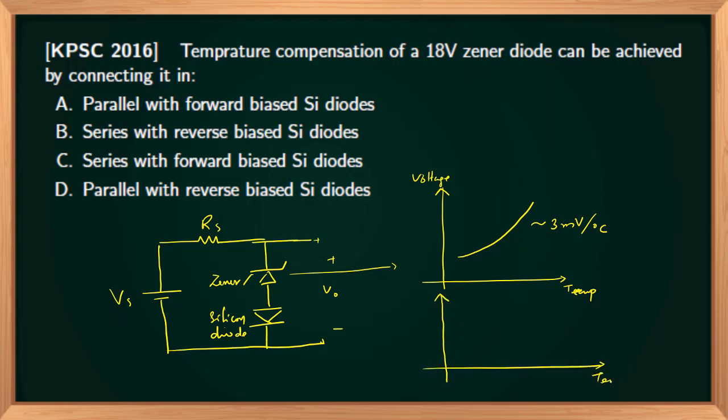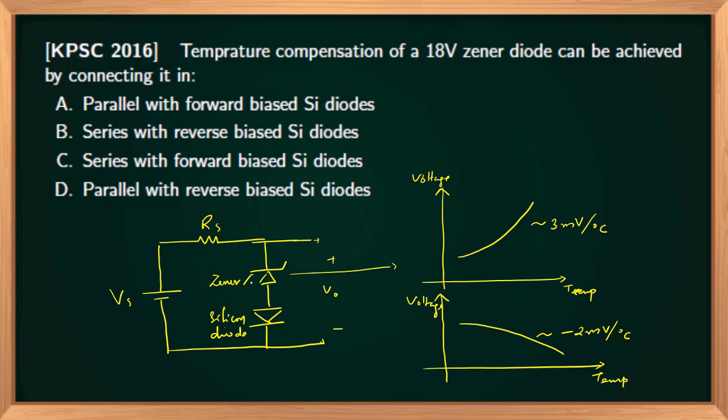That means if temperature increases, voltage across the diode decreases like this. This is the voltage across the silicon diode. It decreases with the increase in temperature. This decrease is at the rate of -2 millivolt per degree Celsius.